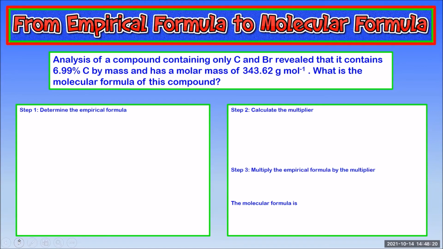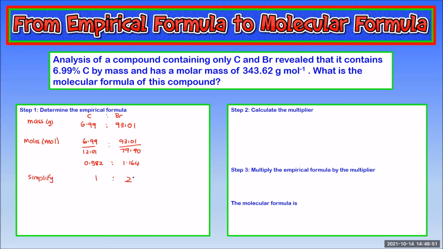First of all, let's calculate the empirical formula. Convert the masses to moles. Run that through the calculator. Simplify. Dividing through by 0.582 gives you 1:2. The empirical formula is CBr2.